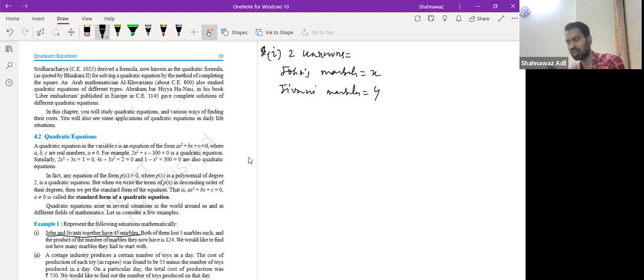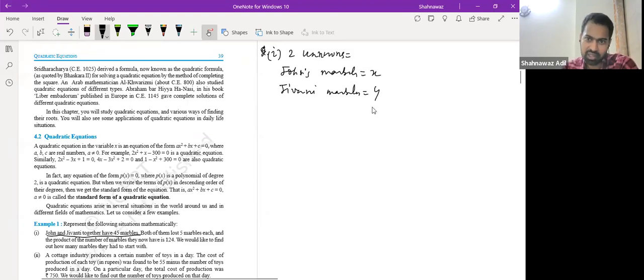Let's say I have 3 apples, you have 5 apples. So how many apples do we have together? 8, right? How did you calculate? You just added them, right? To calculate the total, we just add both the marbles or both the apples that we have.